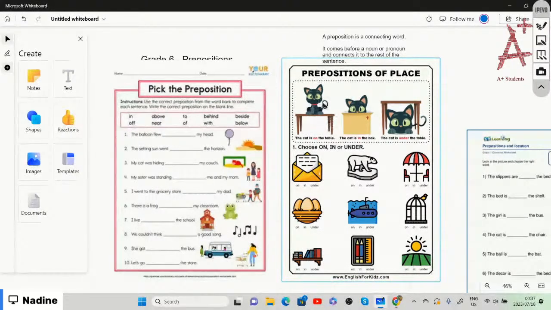So as we can see, the cat is on the table, right? In this case, the cat is in the box. And here the cat is under the table, right? So here is on, in, and under. So if we look at the mail, we need to choose on, in, or under. So is the mail on, in, or under, right?